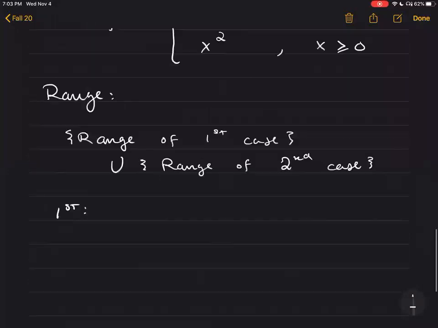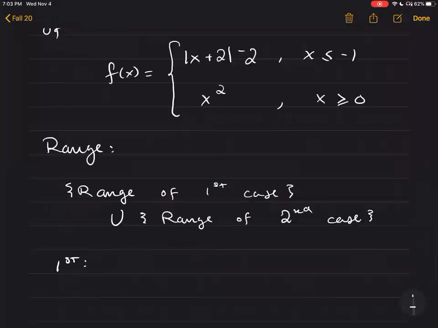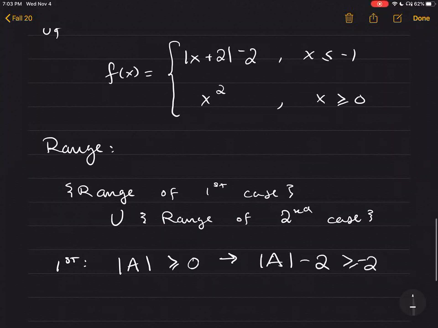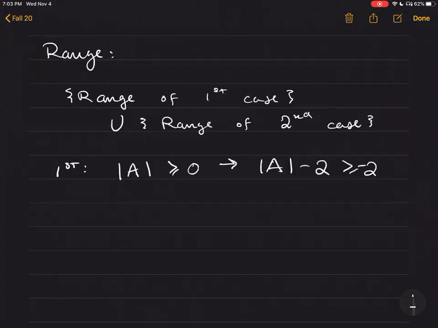It is an absolute value, and we know absolute values are always going to be greater than or equal to 0, which means that if we subtract 2 from both sides of that inequality, suddenly we have |x + 2| - 2 is greater than or equal to -2.